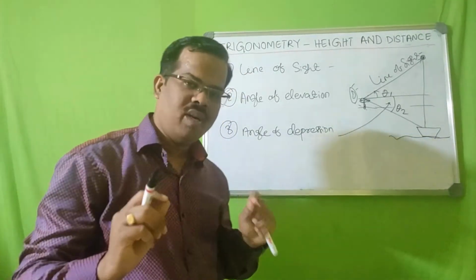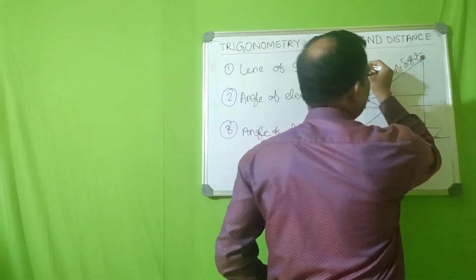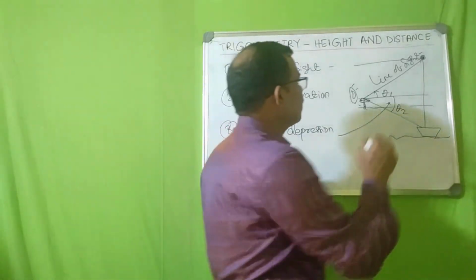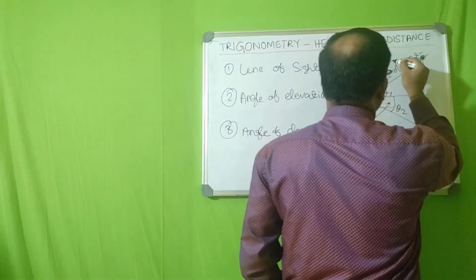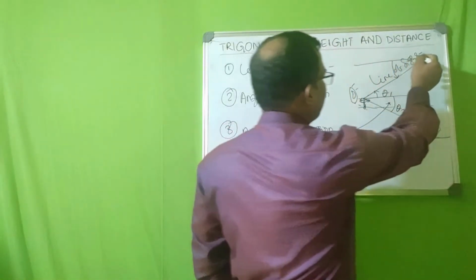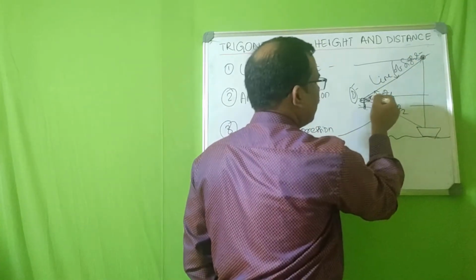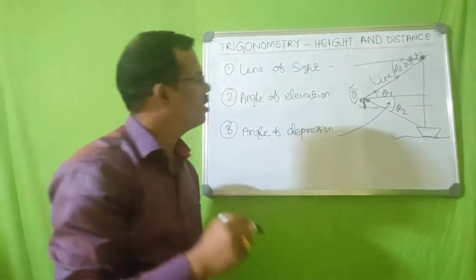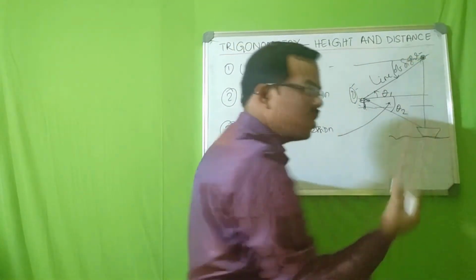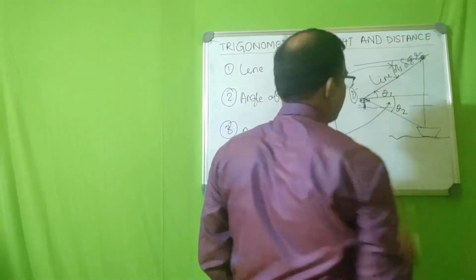It will be angle of depression. Why? Because the observer, the person who is looking at the object, is here and he is looking downwards. So if you take a horizontal line, and this is the line of sight towards the tip of the tree he is looking at, that line of sight will make an angle which is downwards. Therefore the angle will be called depression.